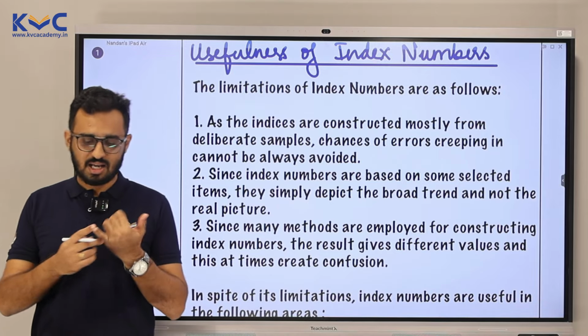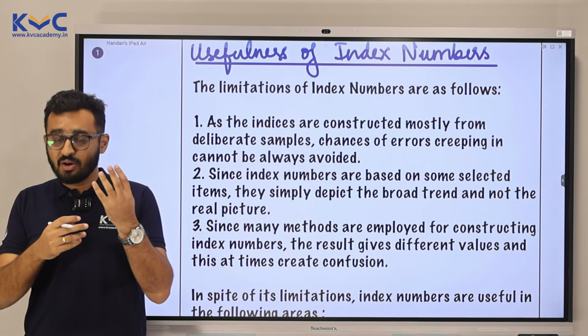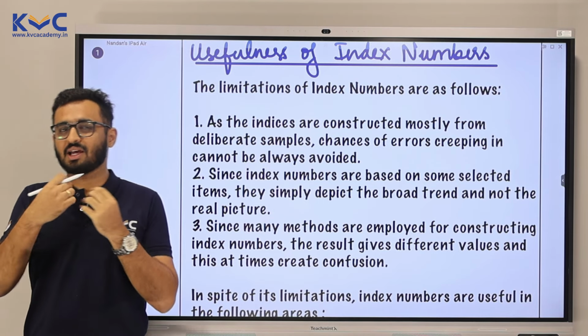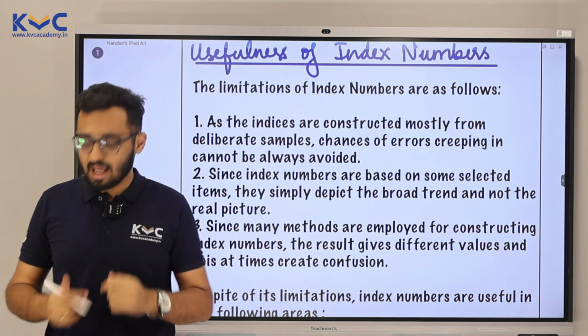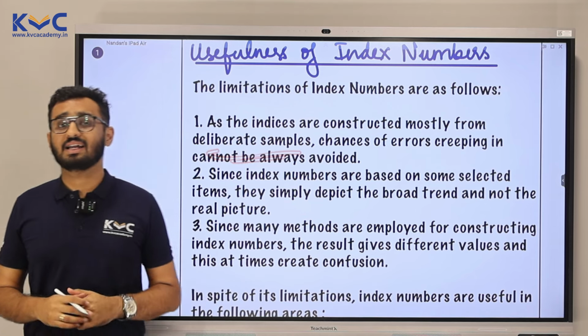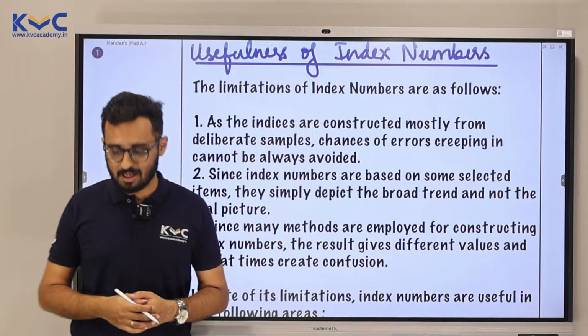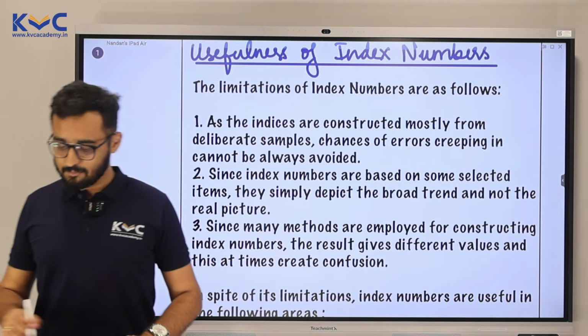You will take rice, vegetables, egg and some other item. Now here you are not representing the entire population. You are just making an assumption, probably these are the bare minimum anyone would consume, which means we are taking deliberate samples. So chances of errors creeping in will always be there, it cannot be avoided.